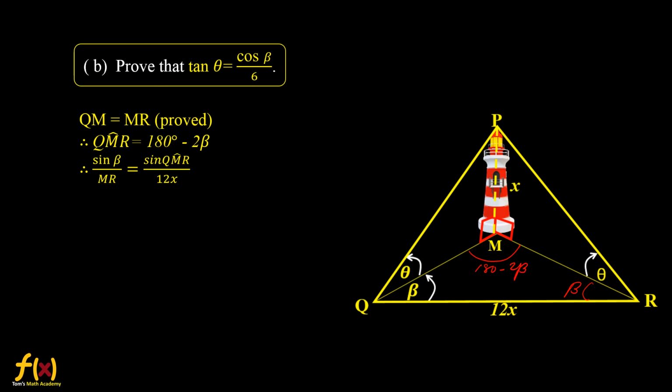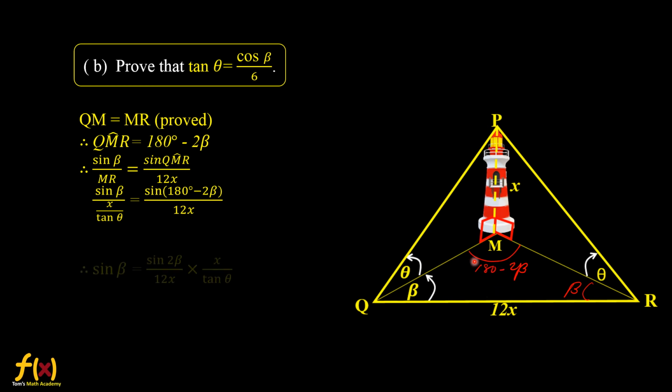We use this and we apply. What's our intention? We want to calculate tan theta equal to. So we go for the sine rule here. Sine beta over MR is equal to sine QMR over 12x. What is QMR? 180 minus 2 beta. We write that, and MR is x over tan theta. Theta is coming now.